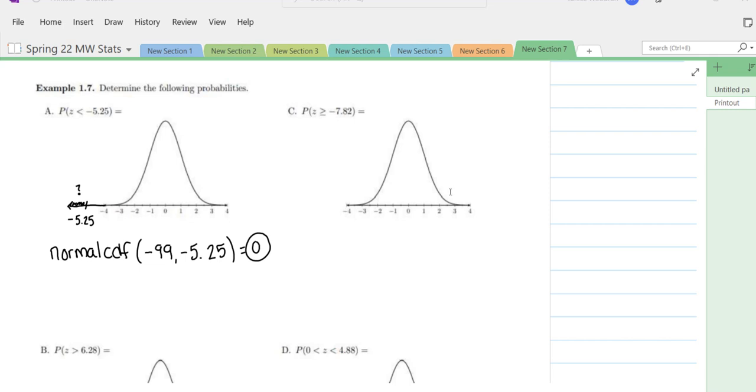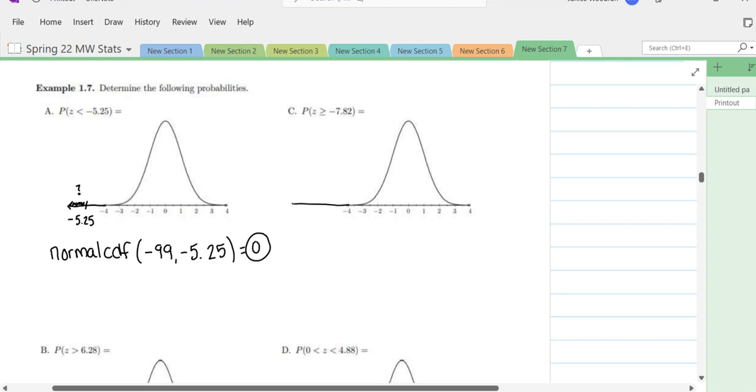All right, and then let's look at example C, the probability that z is greater than -7.28. So if I put that on the number line, and I'm going greater than that, that's all the way over here and then into these. So what do we think that might be? If we're going to the right, I'm shading all of this and this. 1, yeah. So this would be normal CDF.